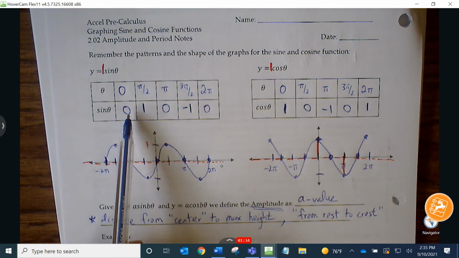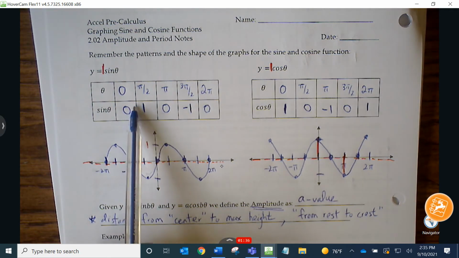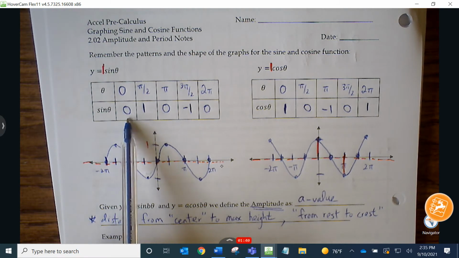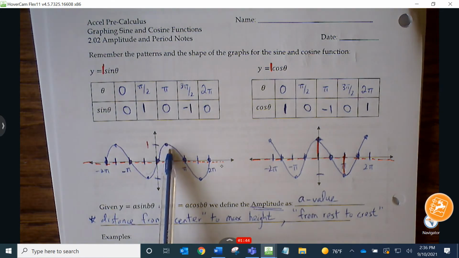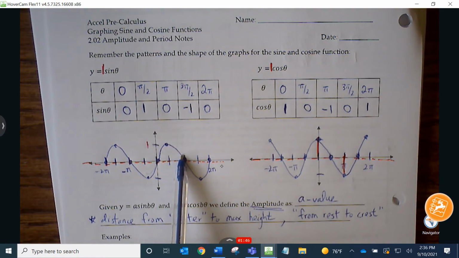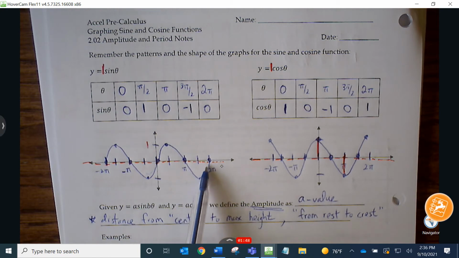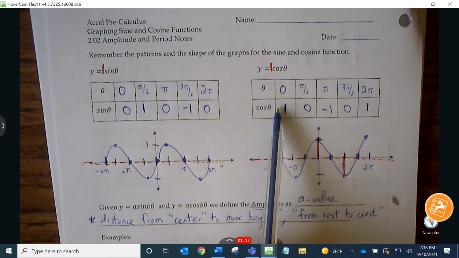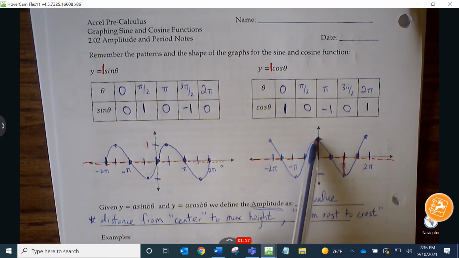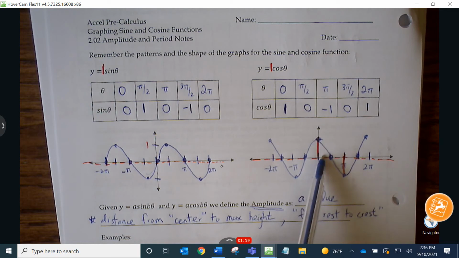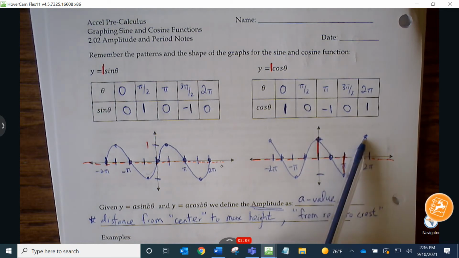And we discovered that the sine graph kind of starts at rest, in this case 0. It rises to the max value of 1, goes back down to 0, goes all the way down to -1, and then back to 0. Okay. The cosine graph is going to start at the maximum height, which in this case is 1, goes to 0, down to -1, back up to 0, and back up to 1.